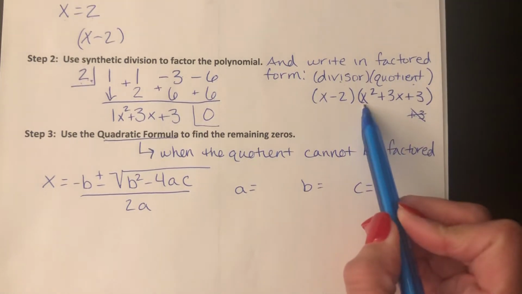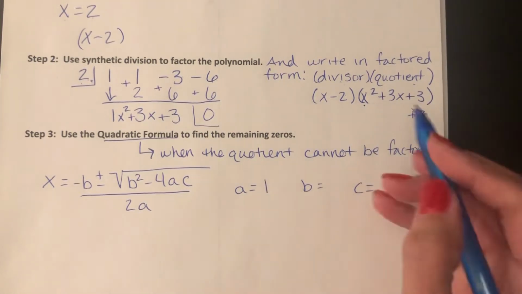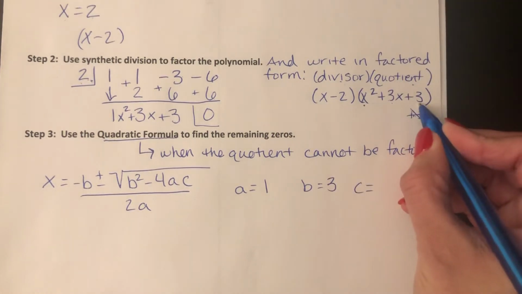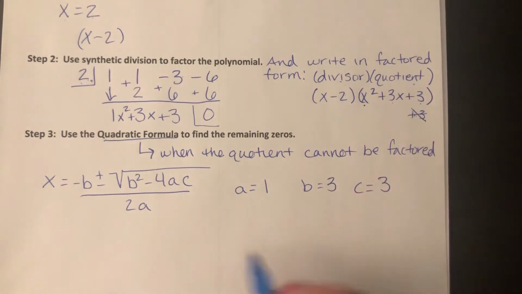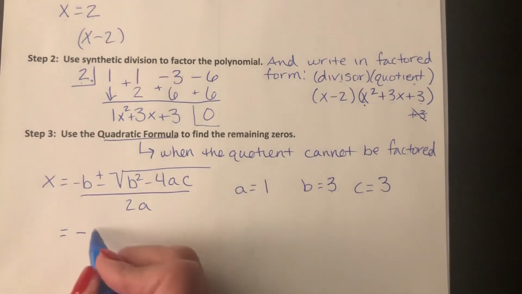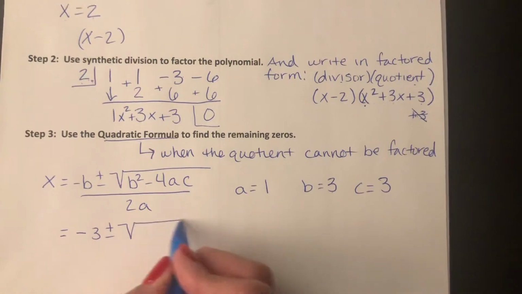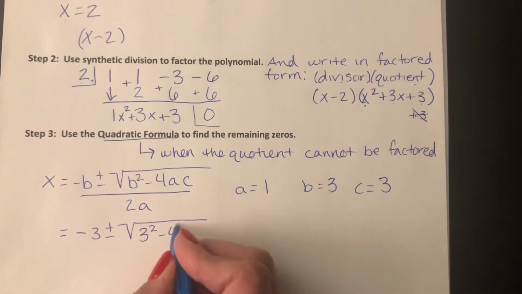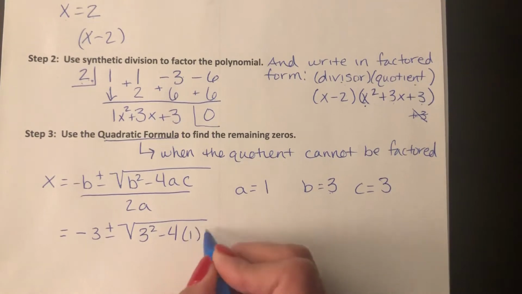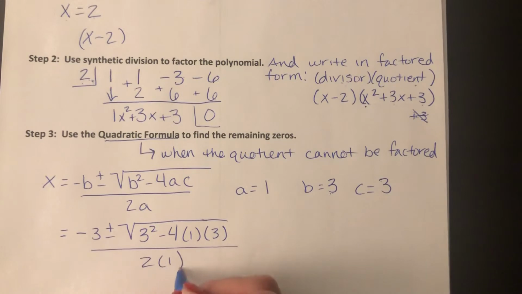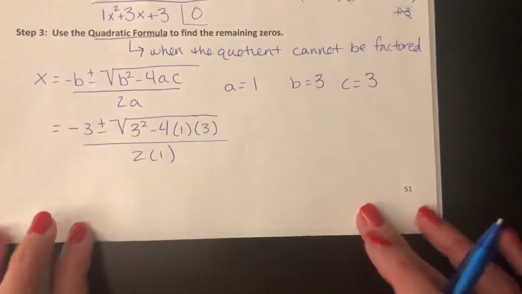So our a is 1, our b is 3, and our c is also 3. Now we're going to plug it in here. Negative b, so negative 3, plus or minus the square root of b squared, 3 squared, minus 4 times a times c, over 2a. All right, it's all set up.